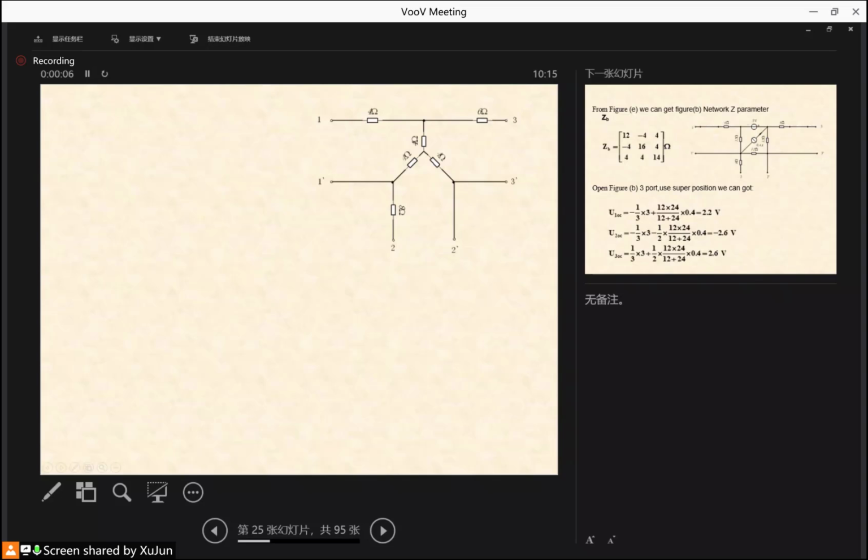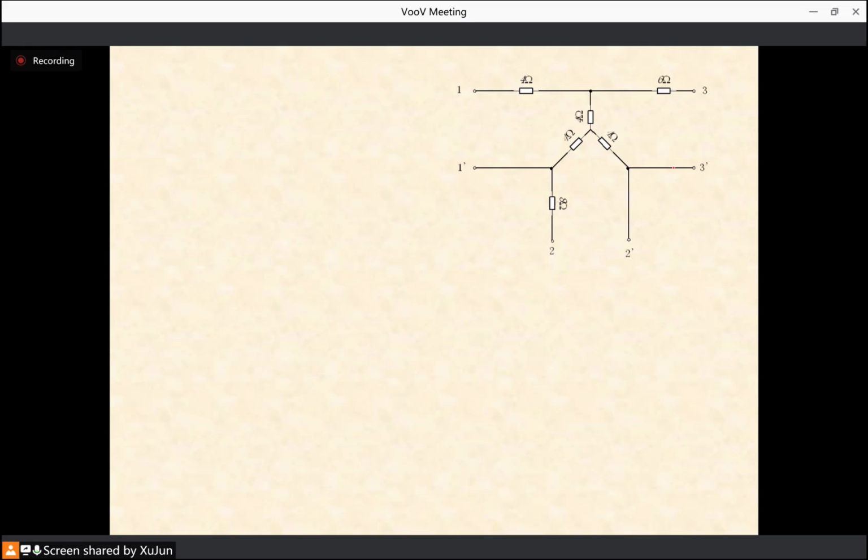To calculate the Z parameter, according to the definition, we assume port 2 and port 3 currents, I2 and I3, are 0. At first, add I1 only.